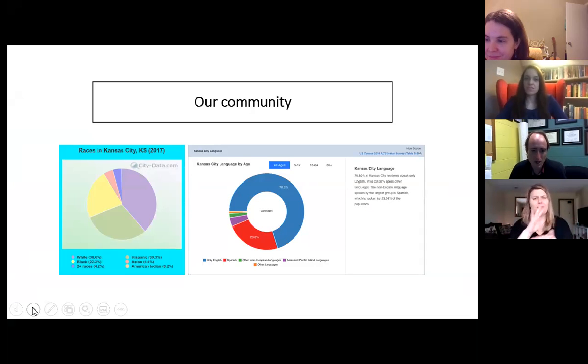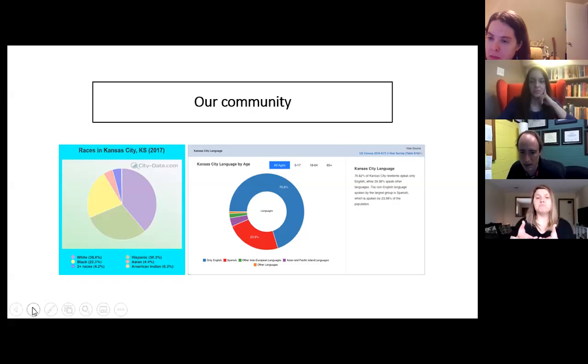The left schematic here speaks to the fact that Kansas City, Kansas, where our medical center and university reside, is a majority minority community, in which Latinx patients that identify as Hispanic are quickly becoming the plurality of our population.